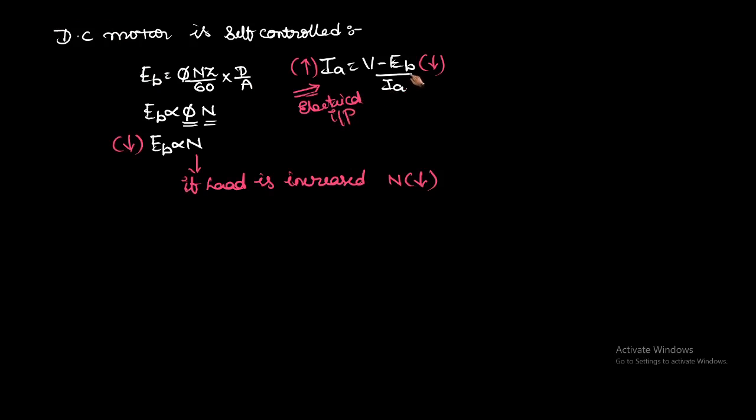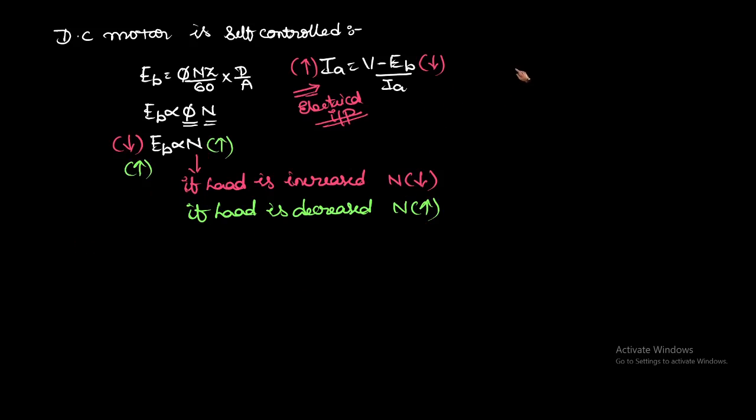So whenever the back EMF decreases, the motor has to take extra electrical input. Now consider the other case: if the load is decreased, the speed will increase. If the speed increases, the back EMF also increases.